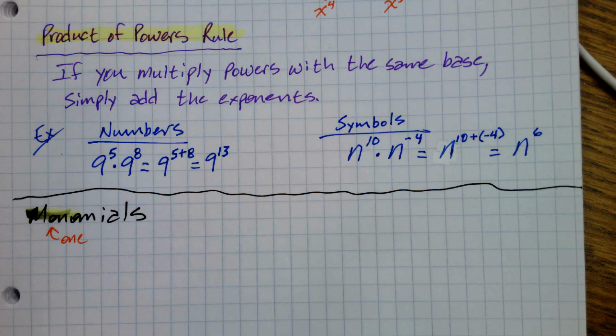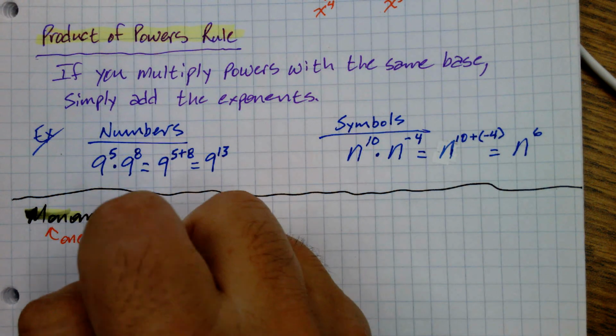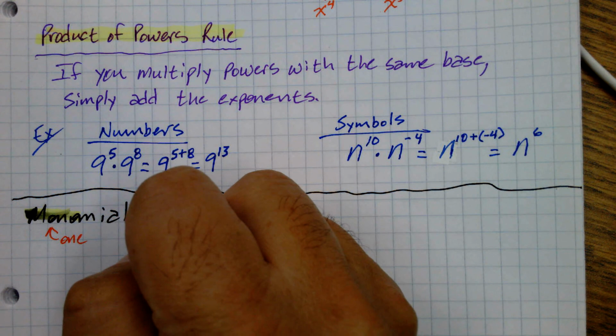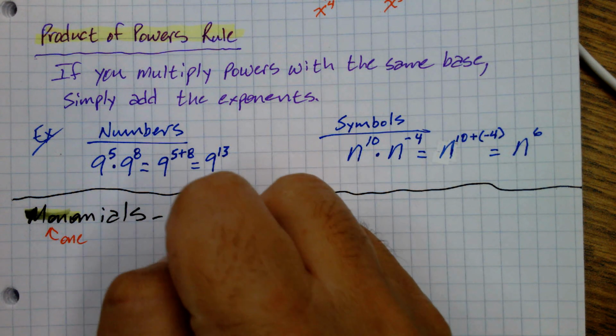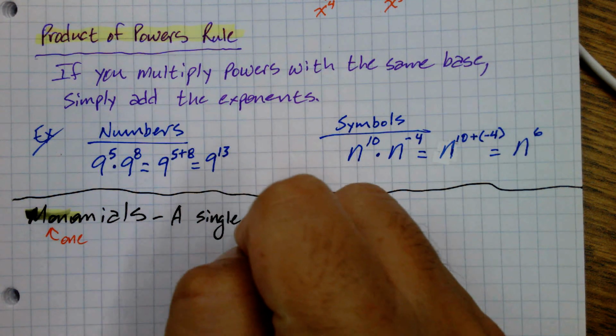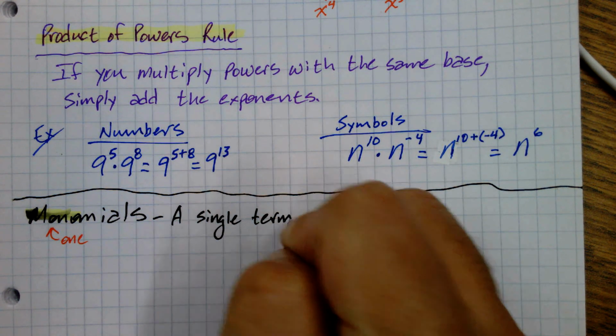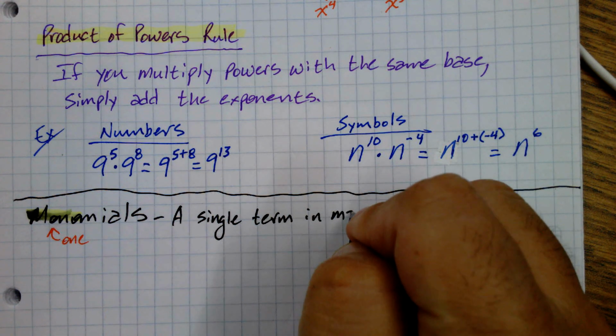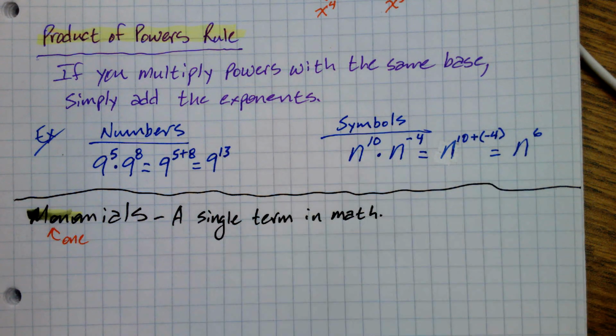Okay, so a monomial is a single term in mathematics. So that means it could be a number.